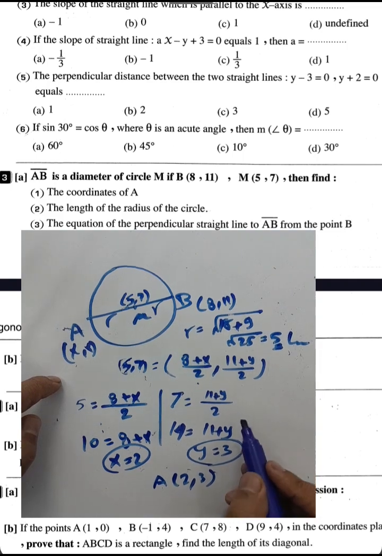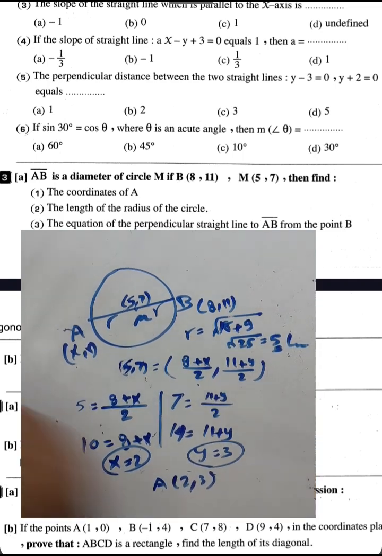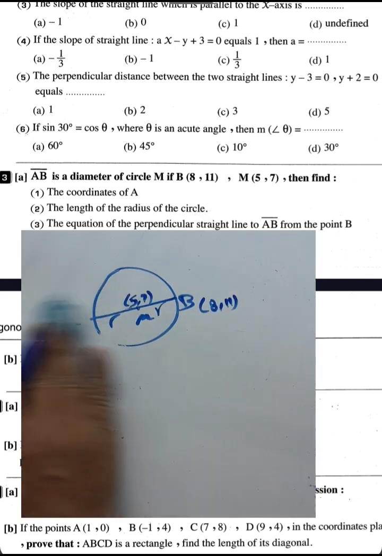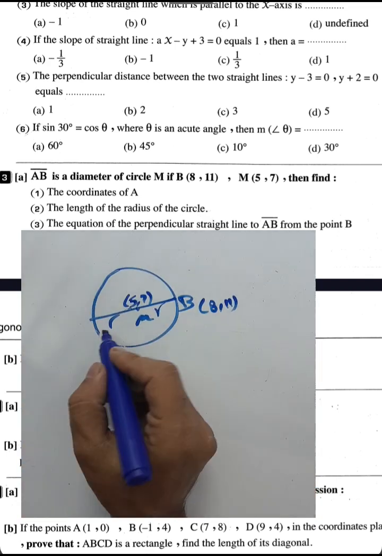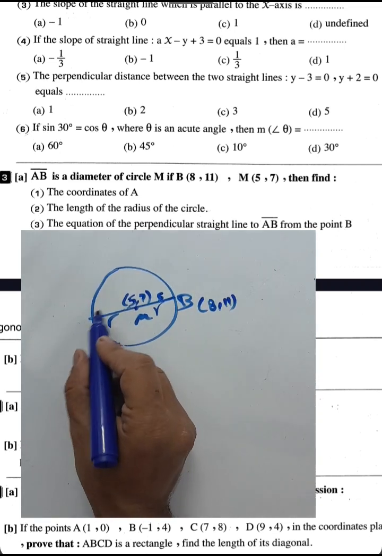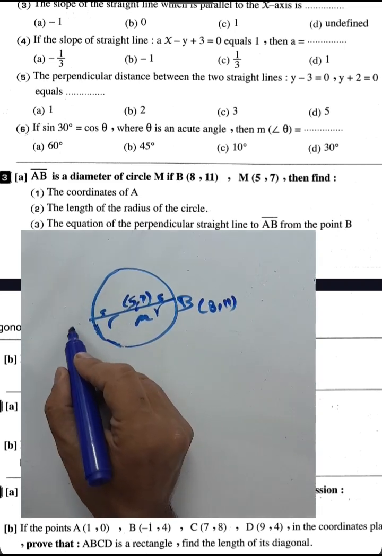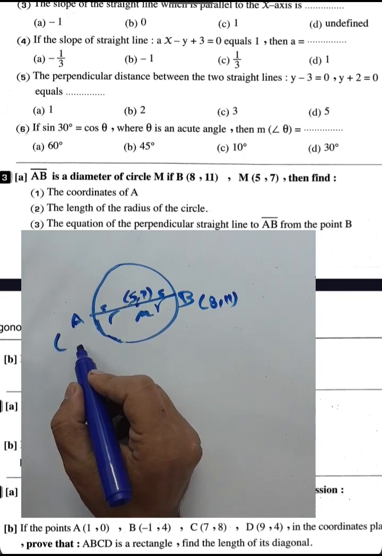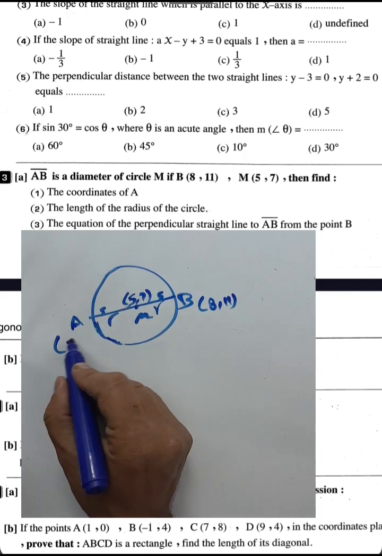The radius will be 5 length units. Okay, understood? And we put point A, the order was (2, 3). You remember the result? (2, 3).